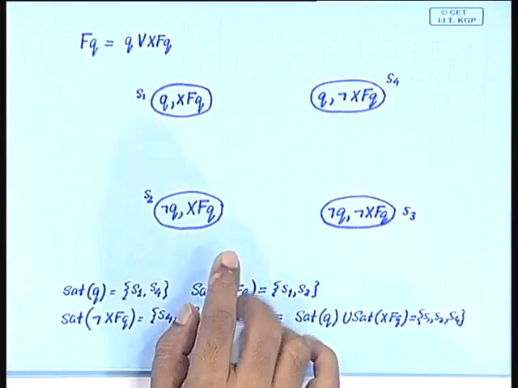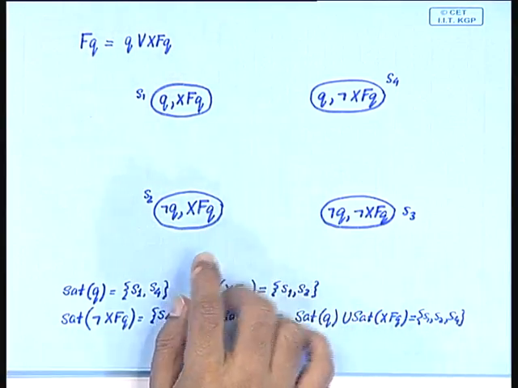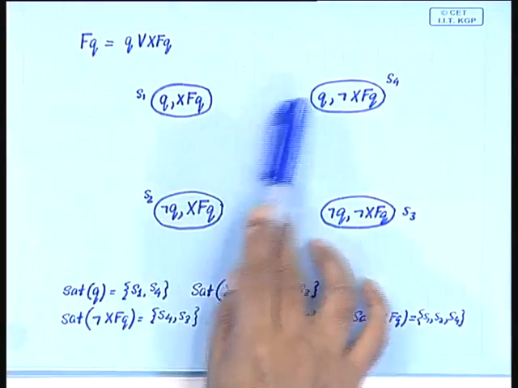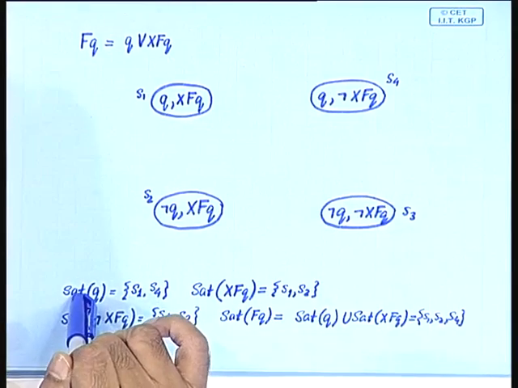Now, this is all defining what is holding at which states. The next thing is to define the transition relation. So, where do we put the edges in the tableau, right.